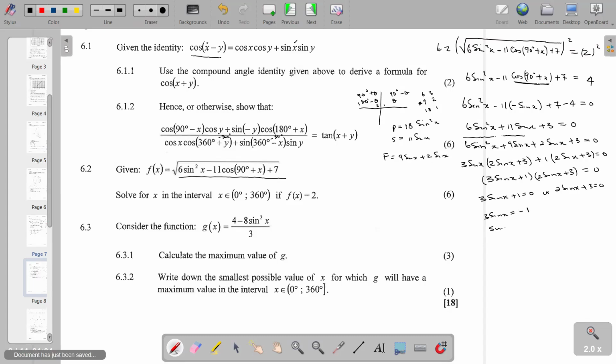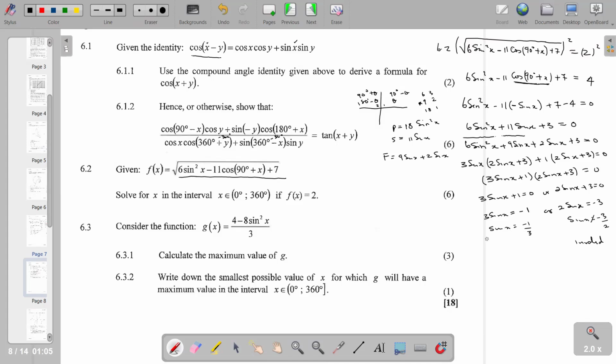Our sine x is equal to negative 1 over 3, or our 2 sine x is equal to negative 3. So our sine x is equal to negative 3 over 2. But we know sine x only ranges from negative 1 to positive 1. So this answer is invalid. So we are only going to concentrate on this one.